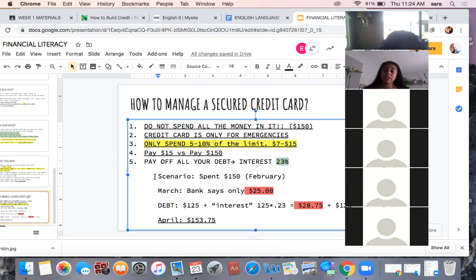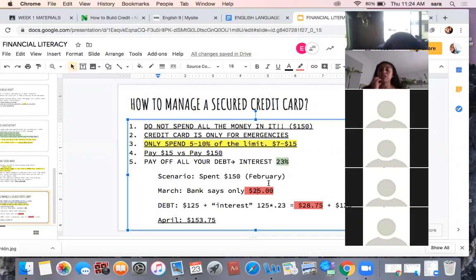But here's the scenario, right? She spent the whole money, so she violated the rules. Maybe she had an emergency, right? And in March, the bank sent her a little letter saying, hey, you owe us only $25. Don't worry about those $150. You can just send in 25 bucks and you're good to go. And Ruby takes it, right?